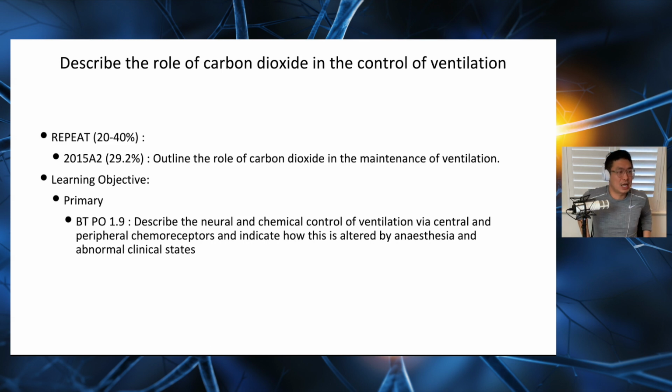What you would do is you'd still talk about CO2, but you would talk about how it's potentiated or attenuated by certain scenarios. So we know that in cases where patients are hypoxic, that's going to be potentiated. Whereas with anesthesia, that is going to be attenuated. So I think you could add those ideas into this question here.